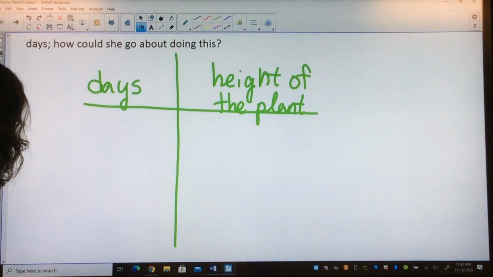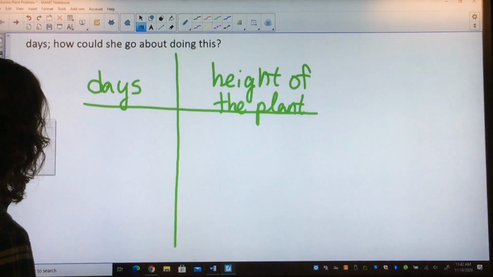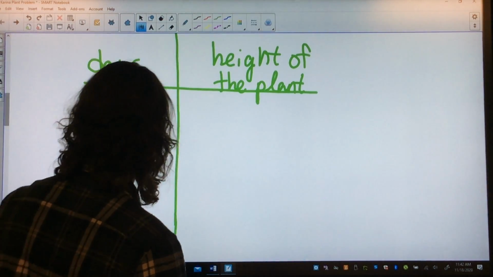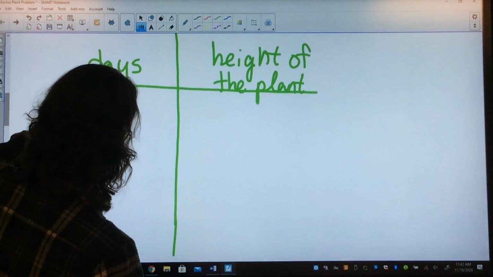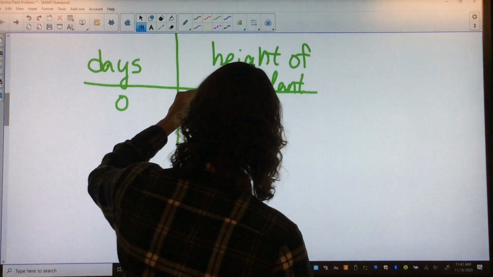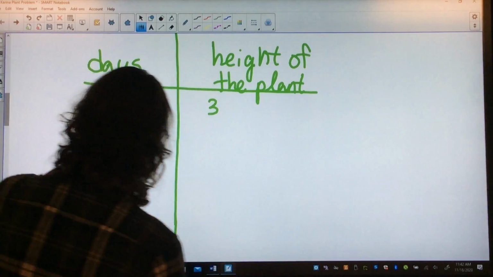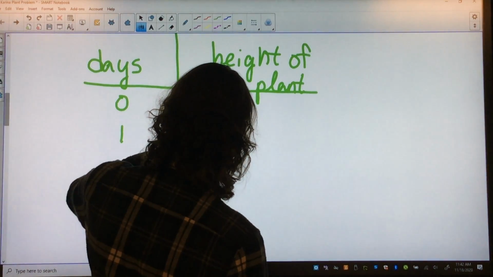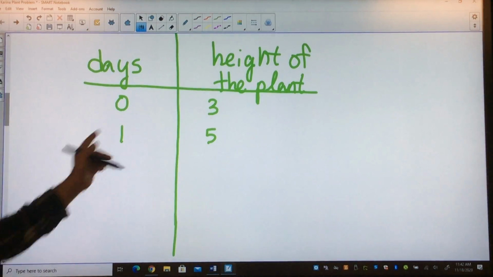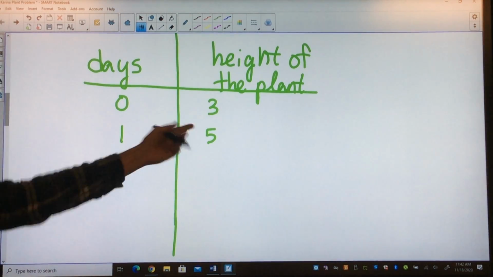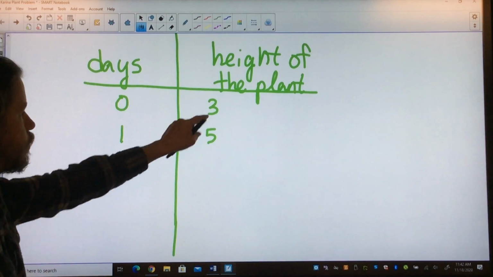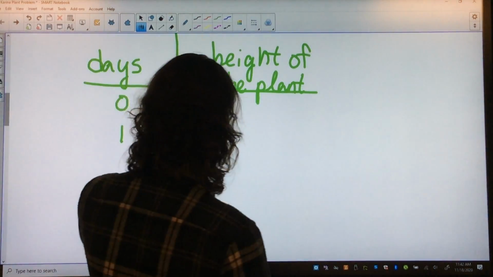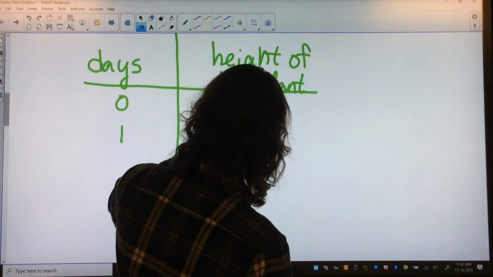All right, so on day 0, right when she plants it, it's at a height of 3 centimeters. And we said on day 1, it's at a height of 5 centimeters. Well, let's think about how we got to this 5 centimeters. What we did was we added 2 centimeters onto our initial height. So I could rewrite this 5 here as 3 plus 2.